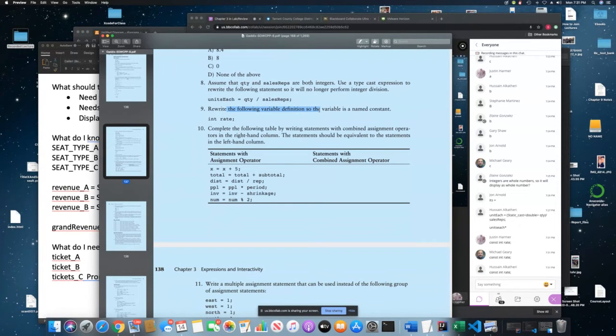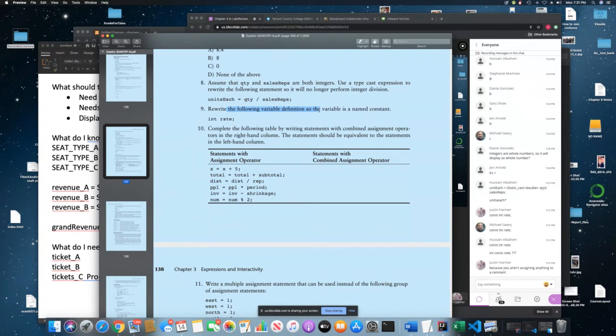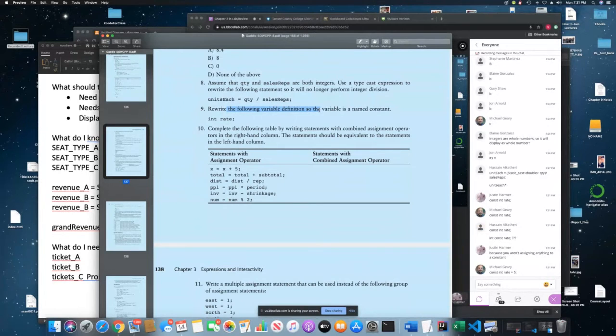We have a constant int rate, but what? That would be a syntax error. You're missing something. When something cannot be changed, you must give it something. There you go. You must give it a value.